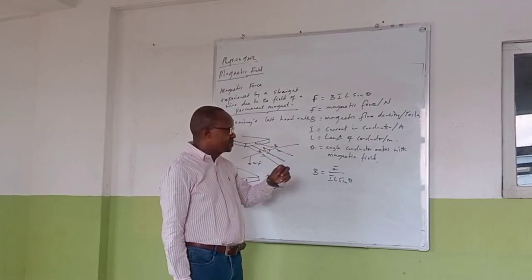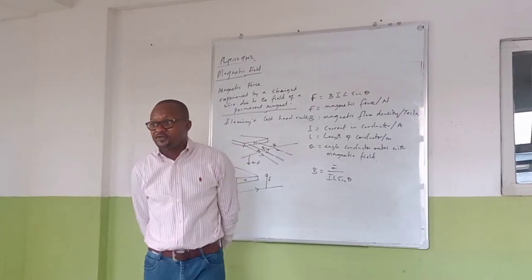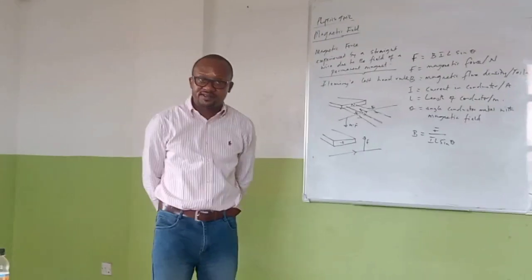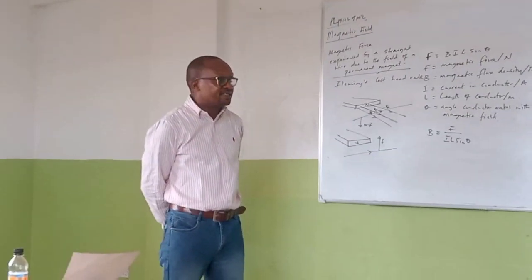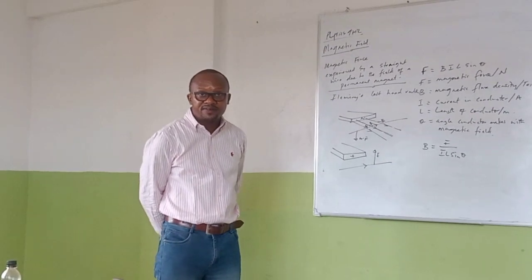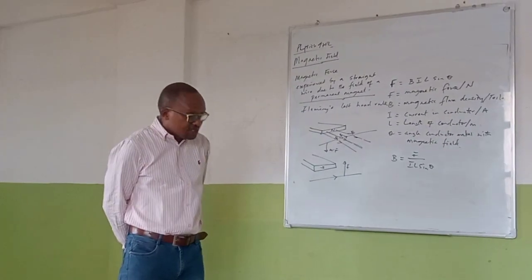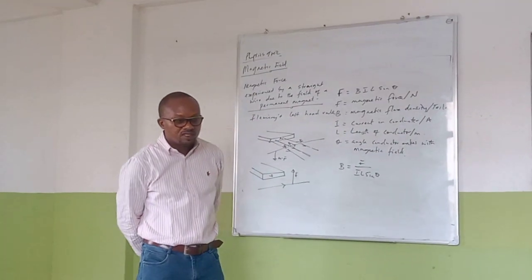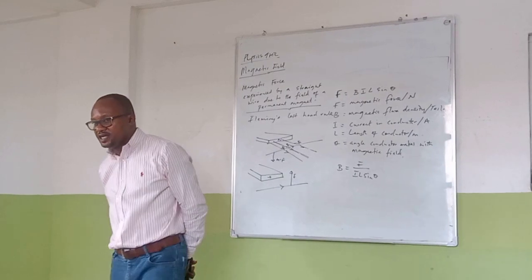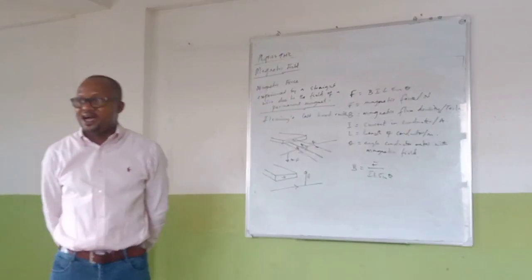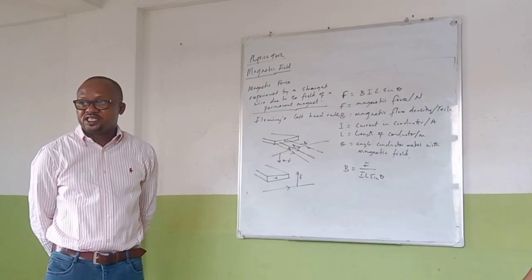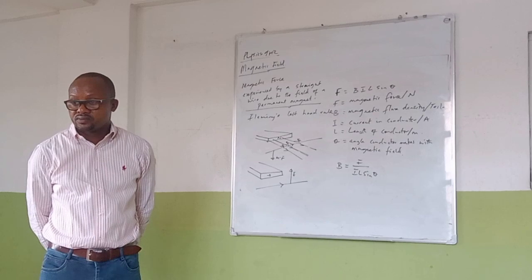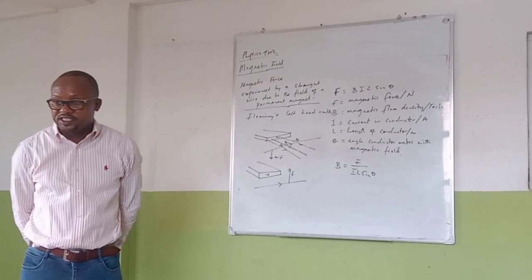So you can write: the Tesla is the unit of magnetic flux density. It is defined as the Newton per ampere meter.